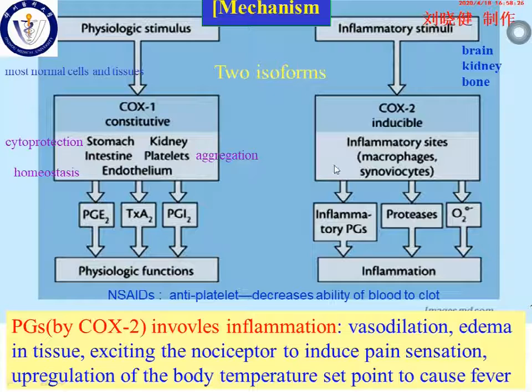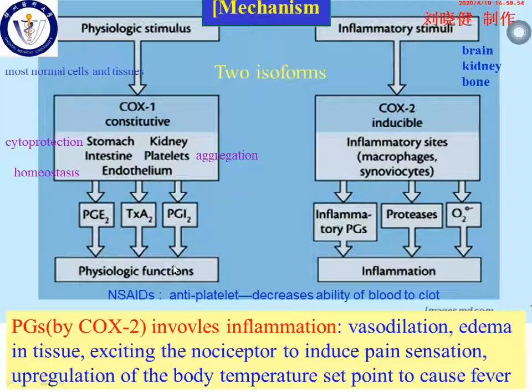If some drugs just selectively inhibit COX-2, they have anti-inflammatory effects, and at the same time, maybe they have fewer adverse effects. Are you clear? And you know, some drugs, because they have anti-platelet effects, maybe they can decrease the ability of blood to clot.